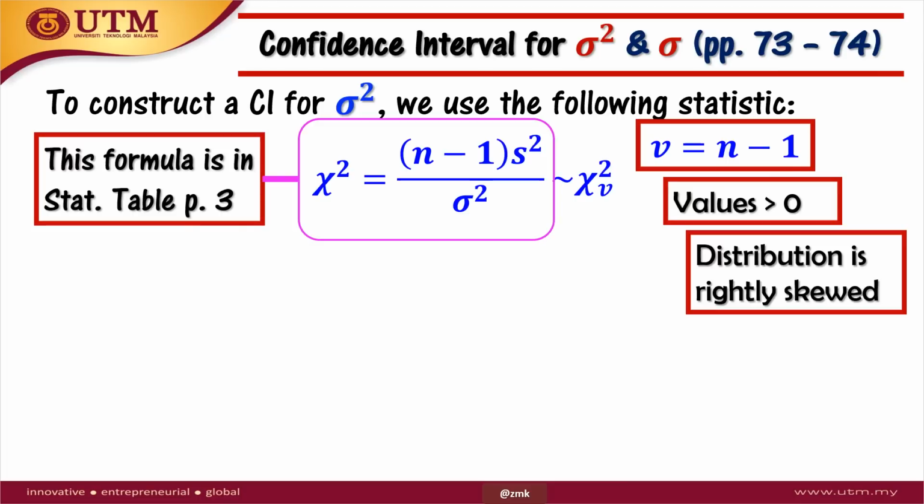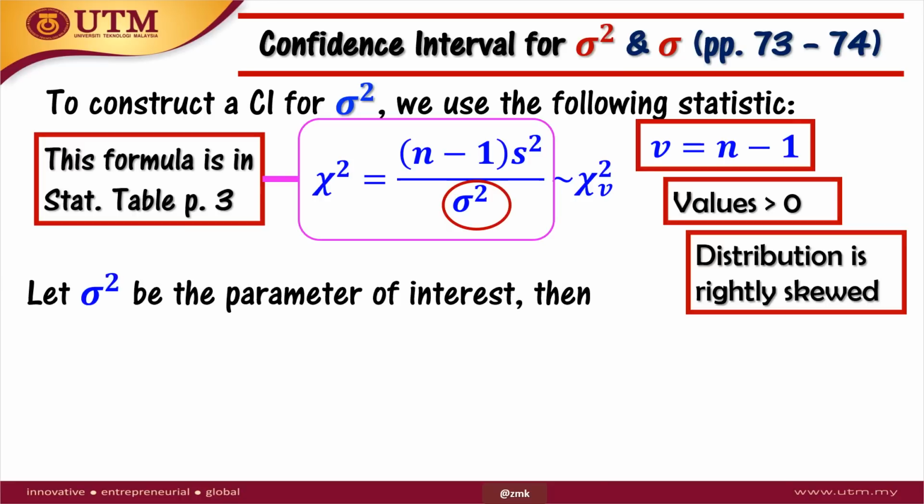You may want to browse the table and locate this formula in the table. Let sigma squared be our parameter of interest this time. Rearrange this formula. We will then get the following expression. Sigma squared equals n minus 1 times S squared divided by chi squared.